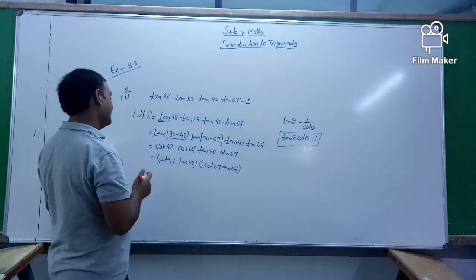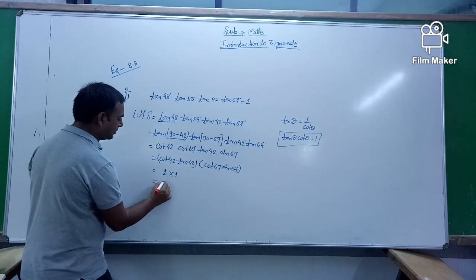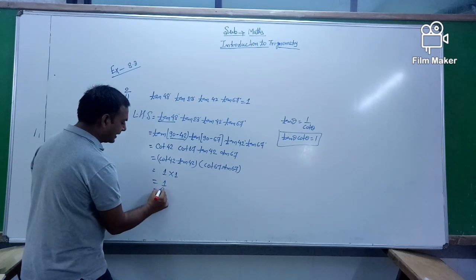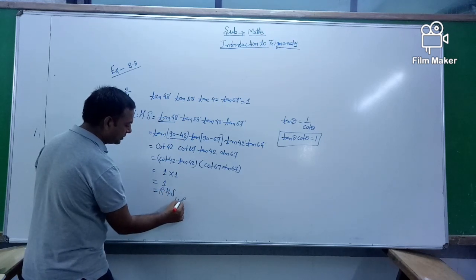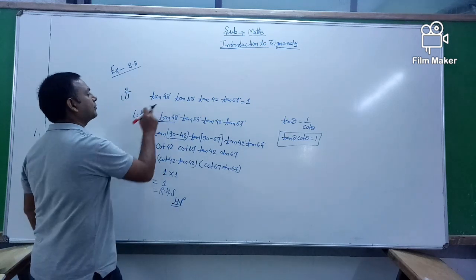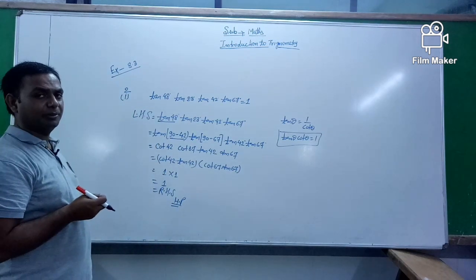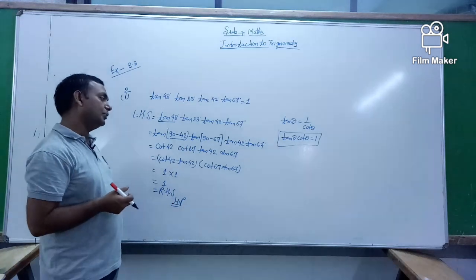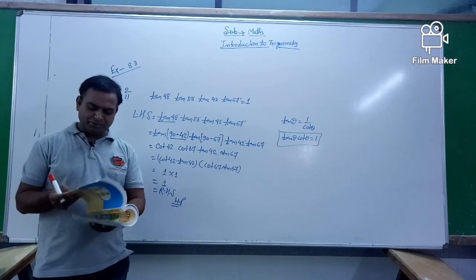So here you see that it is equal to 1 into 1, and that is equal to 1. So this is the RHS, right hand side, and hence proved. So tan 48, tan 23, tan 42, tan 67 is equal to 1. So you can prove it by applying the formula.